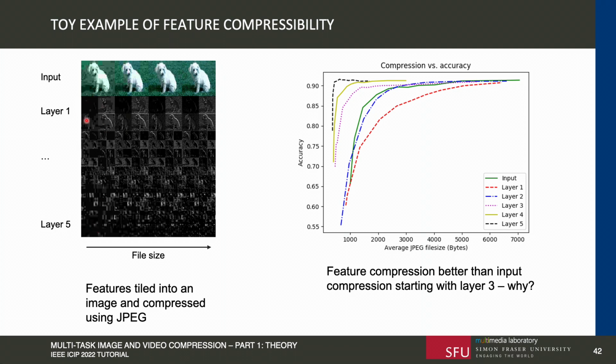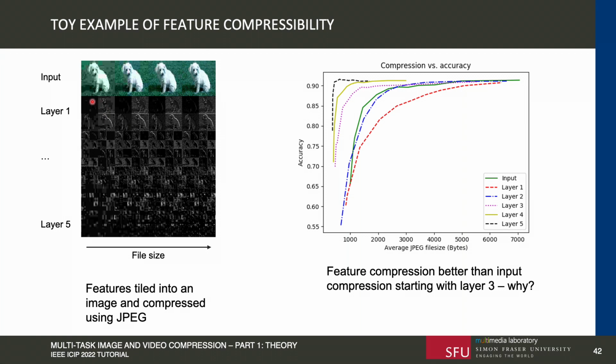So the features have been visualized by essentially taking a few feature tensor channels from that feature tensor at a particular layer, and then tiling them up and showing them as a grayscale image. So you can kind of see roughly the resolution of each feature channel in these layers, and it kind of goes down as we go deeper in the network.